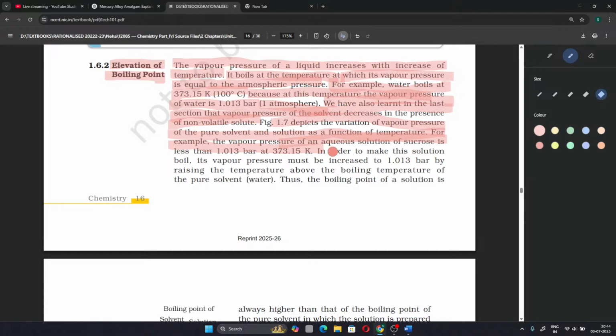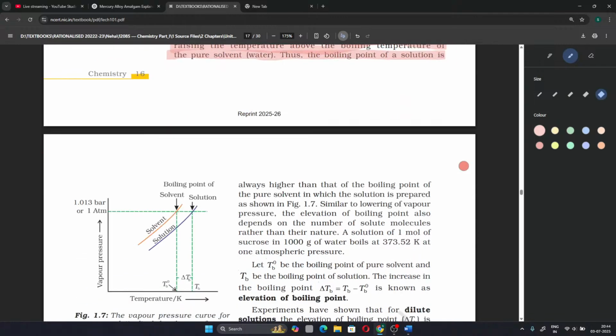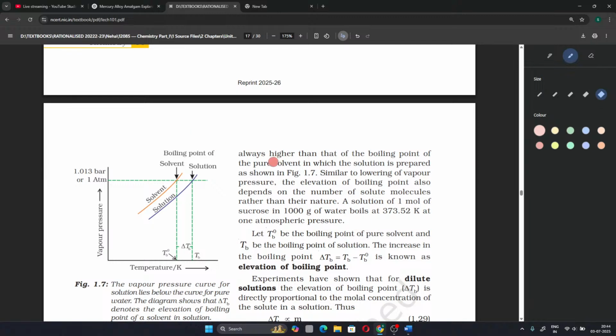In order to make this solution boil, its vapor pressure must be increased to 1.013 bar by increasing the temperature. Thus, the boiling point of a solution is always higher than the boiling point of the pure solvent in which the solution is prepared, as shown in figure 1.7.